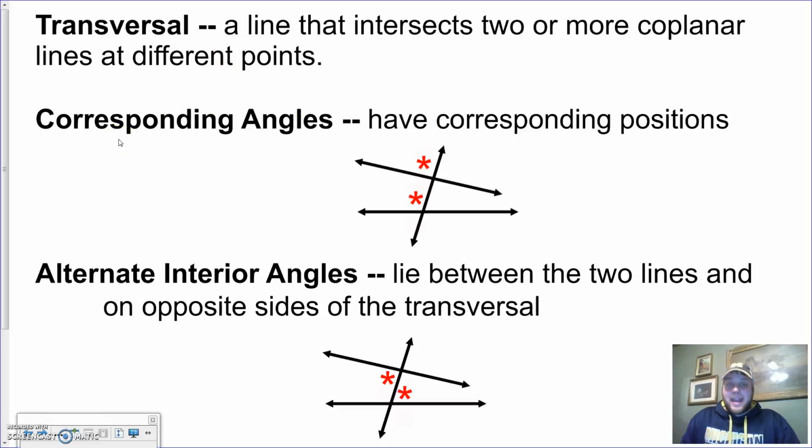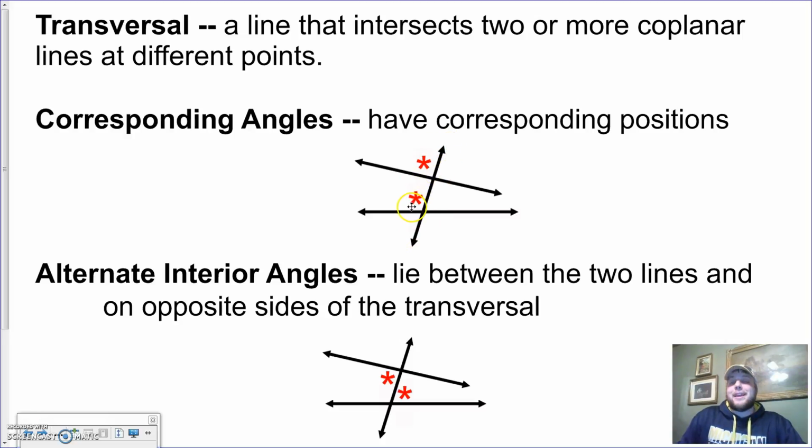Alright, now here's the angle and angle relationships. You are going to have to memorize these. All of your homework here today kind of depends on this. So first of all, we have corresponding angles. Corresponding angles are basically angles that are found on the same side of a transversal.